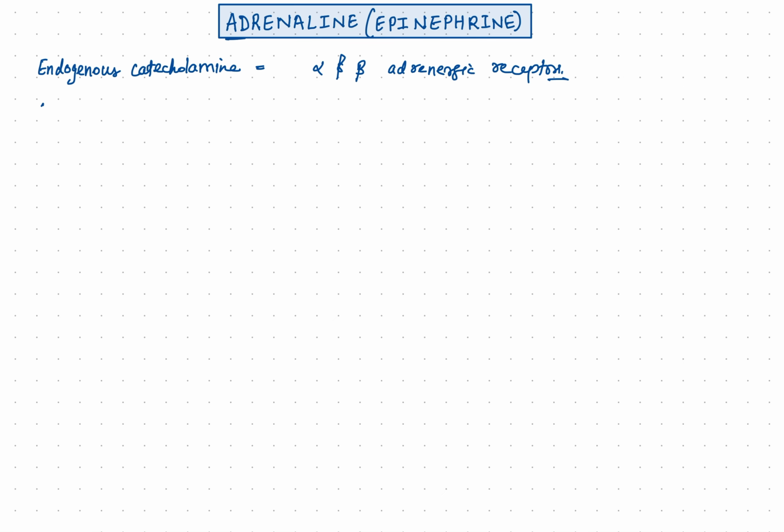What is the mechanism of action? This is the first point to be discussed. It acts on alpha 1, beta 1, and beta 2 receptors. On alpha 1, it will cause vasoconstriction. By stimulating beta 1, it will cause tachycardia or increase in heart rate.